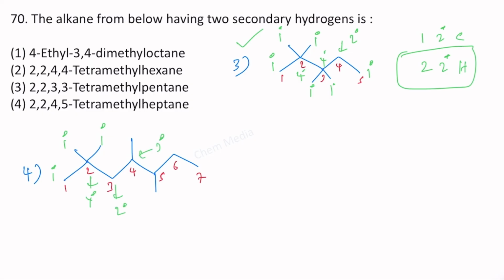This is tertiary. This is primary. This is primary. This one is tertiary. This is secondary. And this is primary. We have 2 secondary carbon atoms. That means we have 4 secondary hydrogens. Therefore, option 3 is the correct choice here.